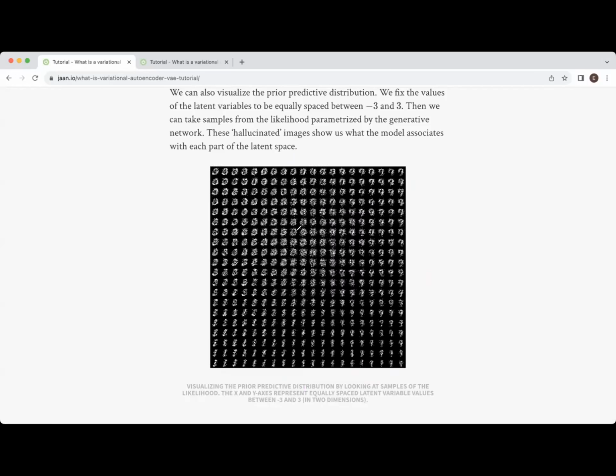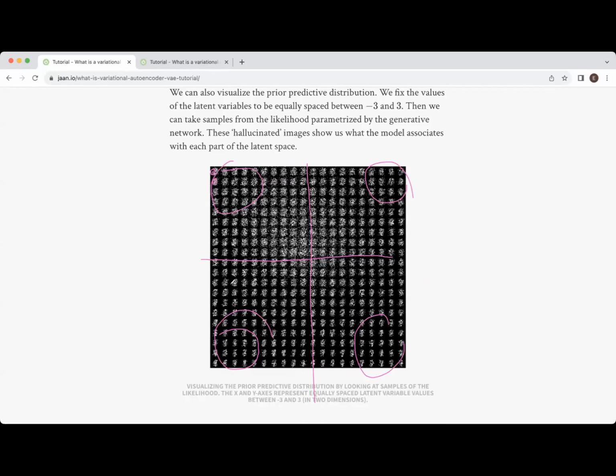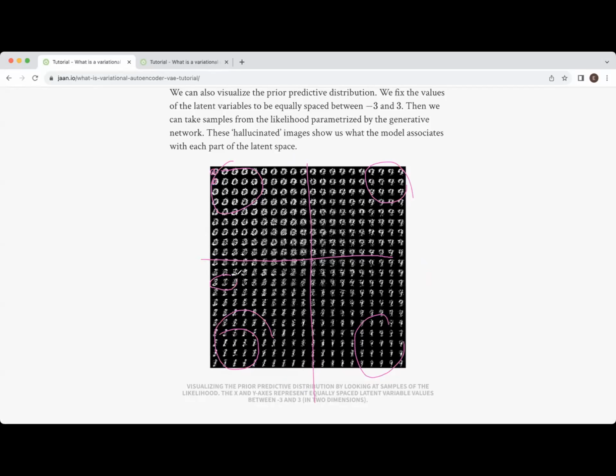But as you train your VAE, each region in your grid world is responsible for a certain digit. This part is all 0, this part is all 9, this part is all 1. It's still 1 here. I think there's a slight 8 here somewhere. You can see that the x-axis is responsible for the angle of 1.